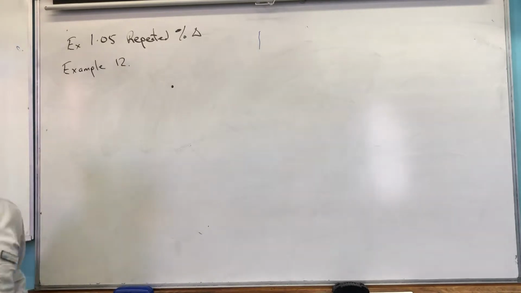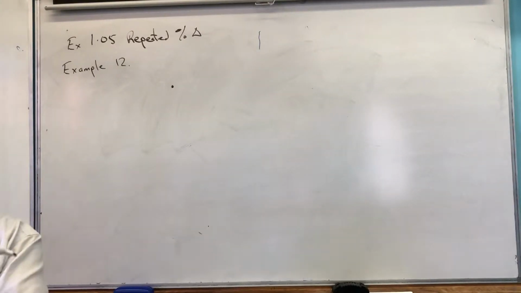Now what this is about is helping you to understand that if I increased something by say 10% and then I increased the answer by another 10%, that isn't the same as having increased the first amount by 20%. You end up with a different answer.